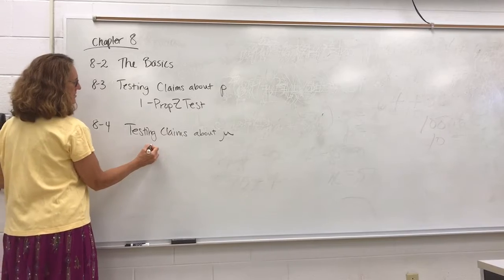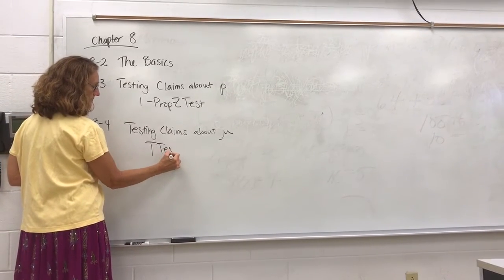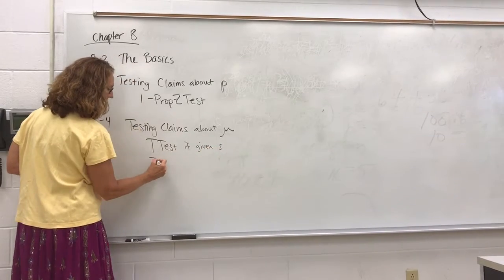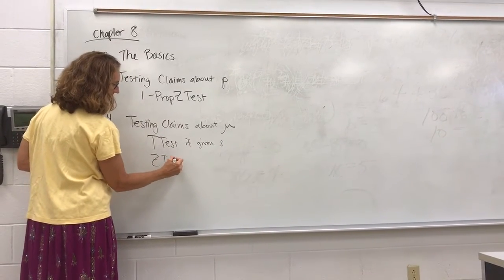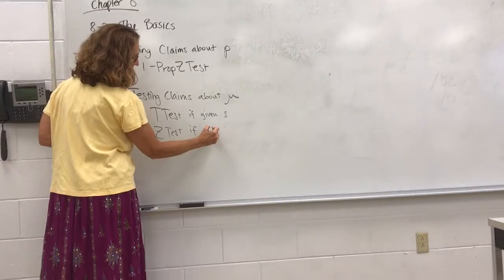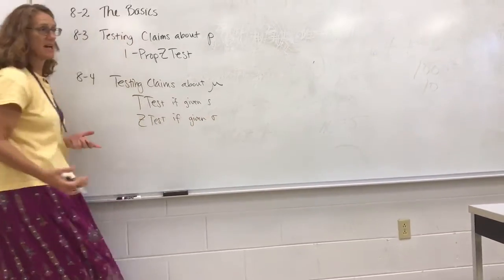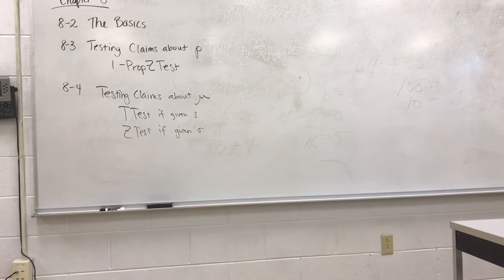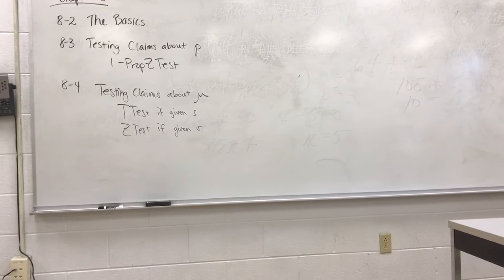We're either going to use t-test if you're given s, and z-test if you're given sigma. So very analogous to the intervals where we use t-interval and z-interval in those same cases.